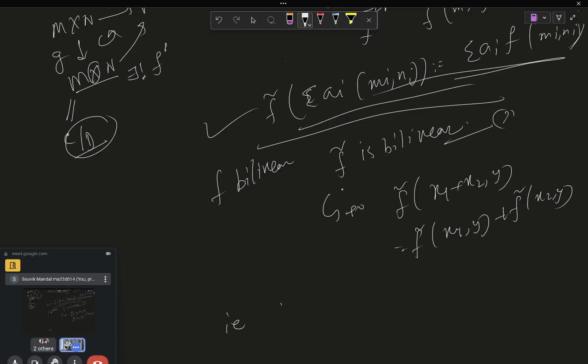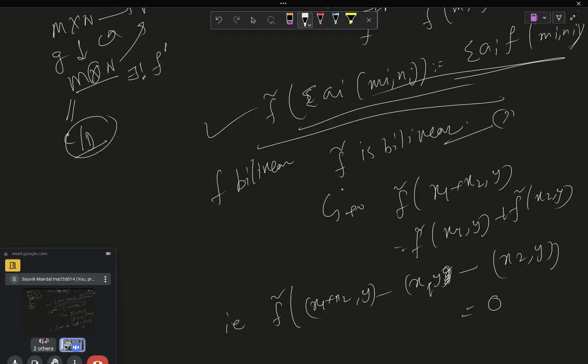That is, f tilde of (x1 plus x2, y) minus (x1, y) minus (x2, y) is equal to 0, correct?